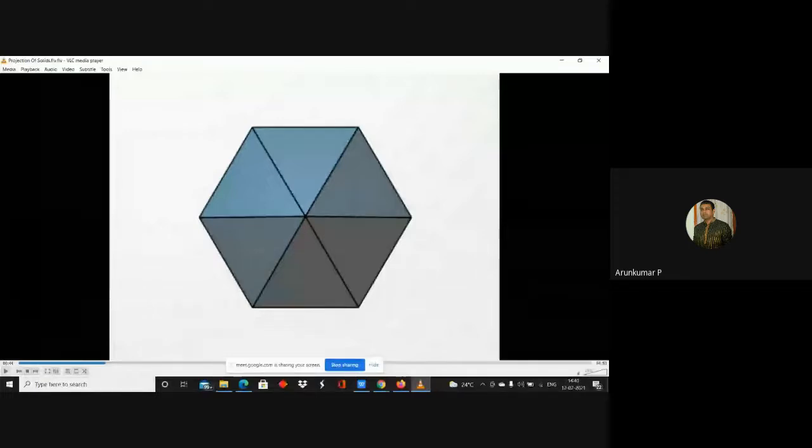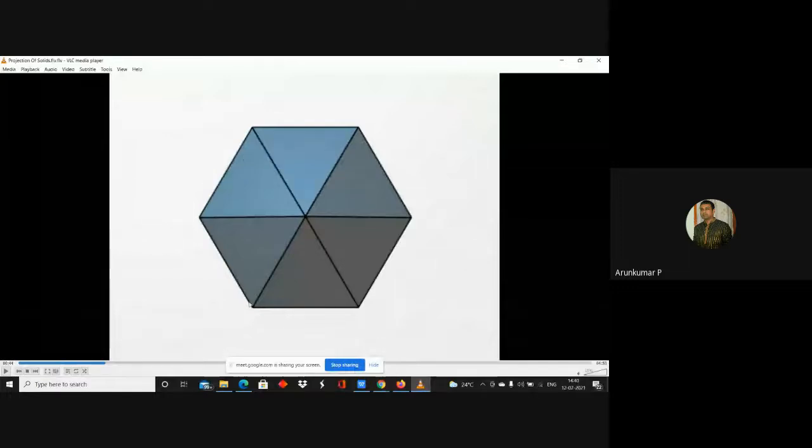If you see this top view, if you observe, it is the same as the hexagon in the case of projection of planes, which is resting on a corner.